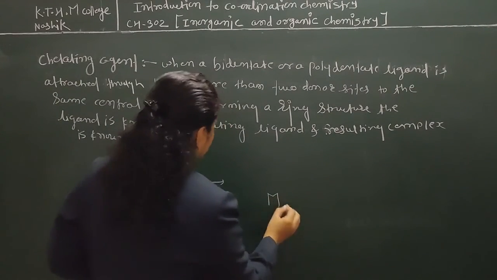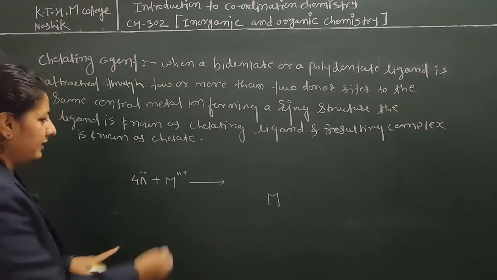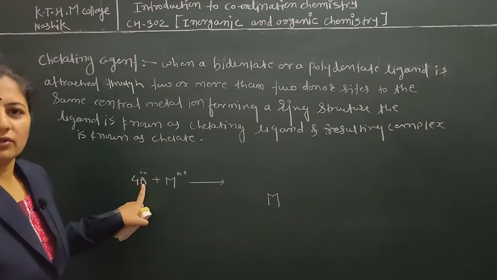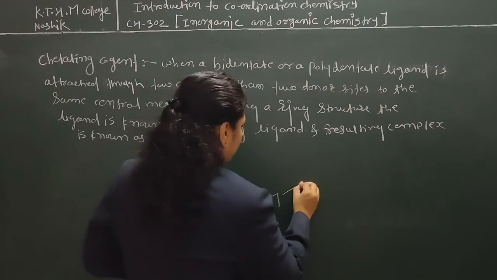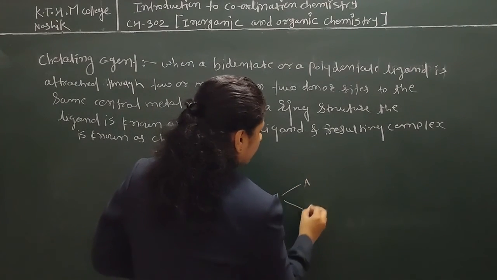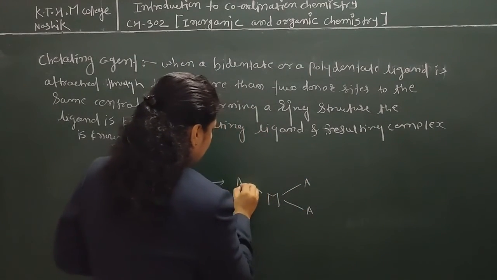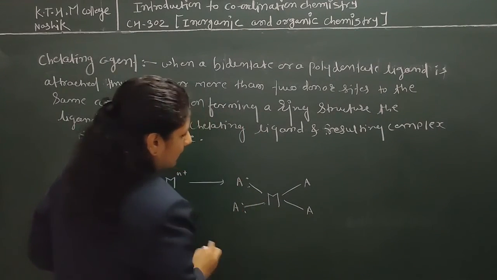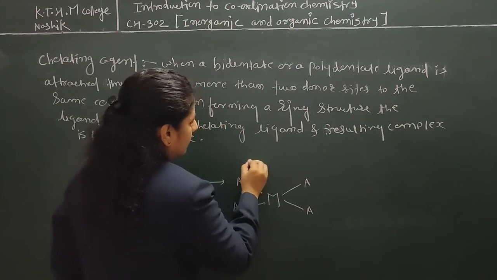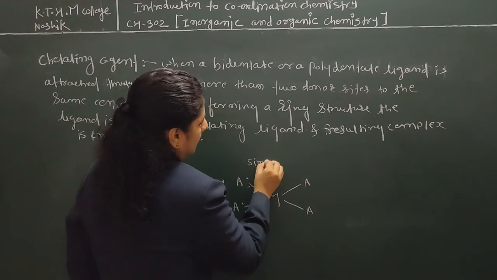There are 4 monodentate ligands. This single A denotes the monodentate ligand, and if we form a complex with this simple monodentate ligand, this is a simple complex.